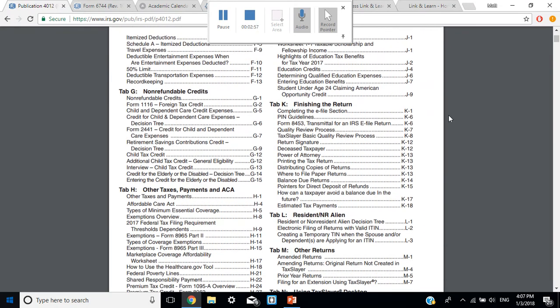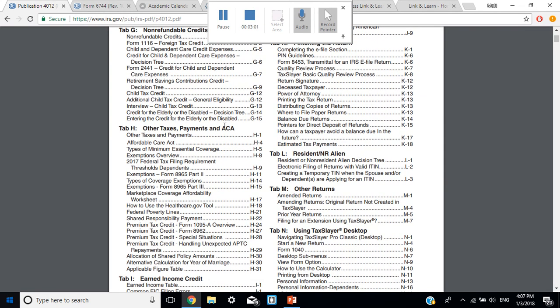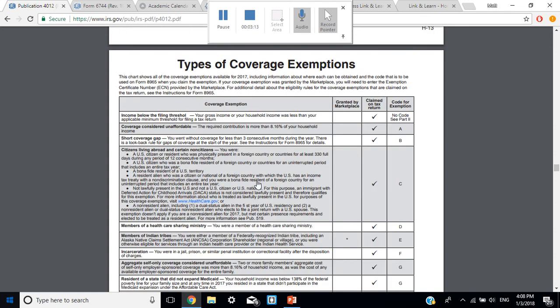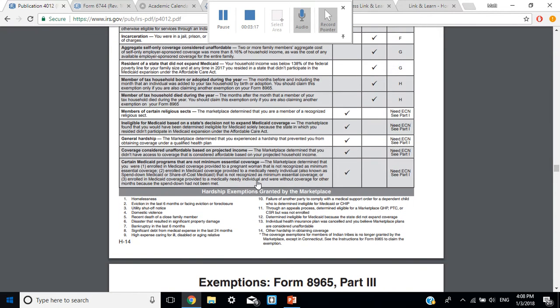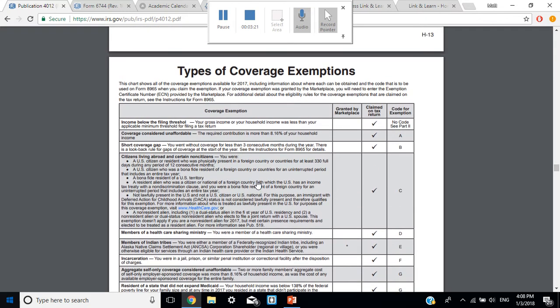So if we're talking about healthcare stuff and exemptions, we're probably going to be looking under the Affordable Care Act, tab H. And if it asks us specifically for the exemptions, why, let us look under H14, the types of coverage exemptions page. So if you see here, we have quite a few exemptions that can be applied to get out of paying this penalty.